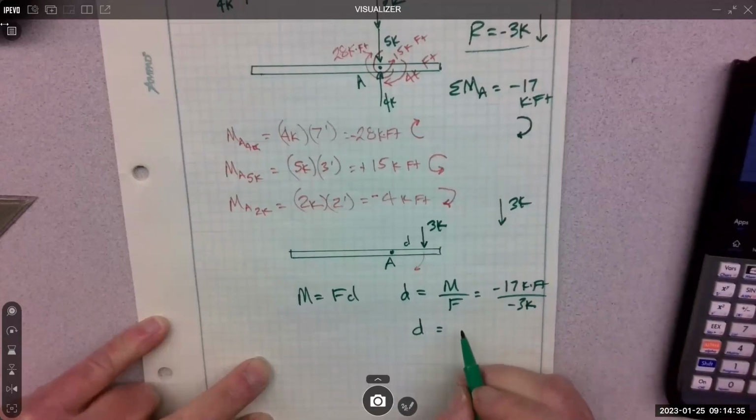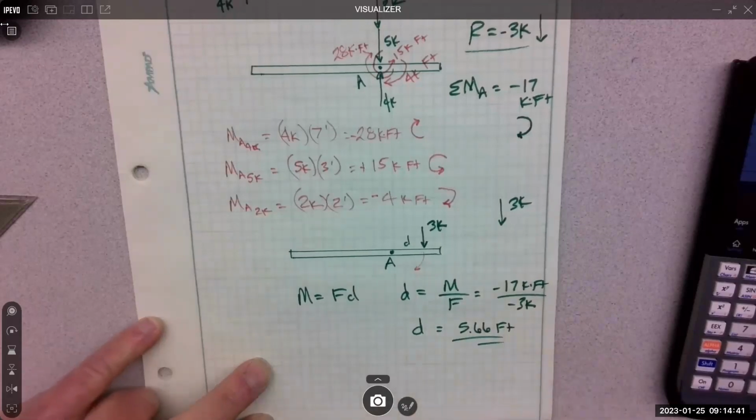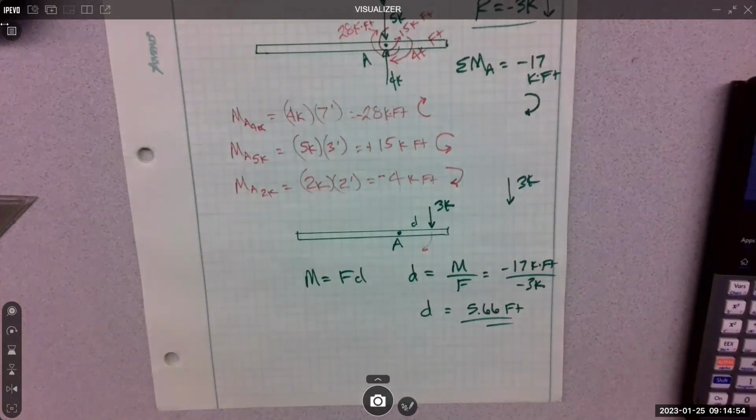It'll be 16.98, right? Because you multiply it by 3. Whoa.